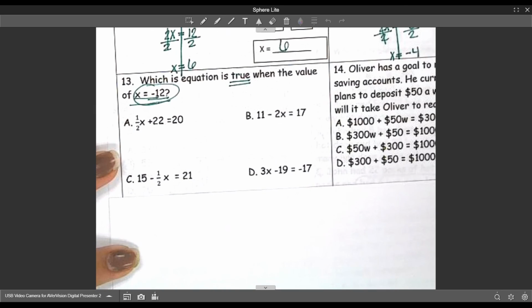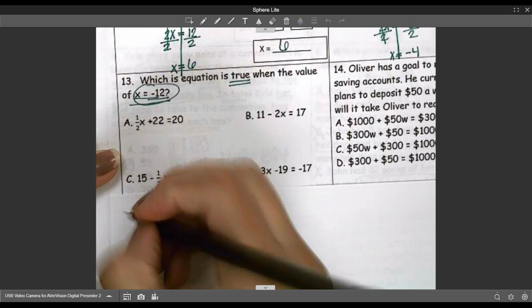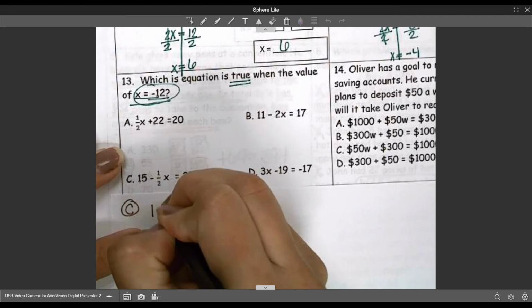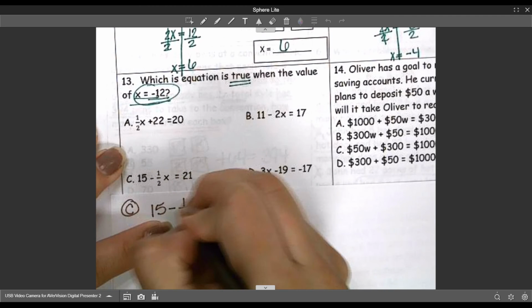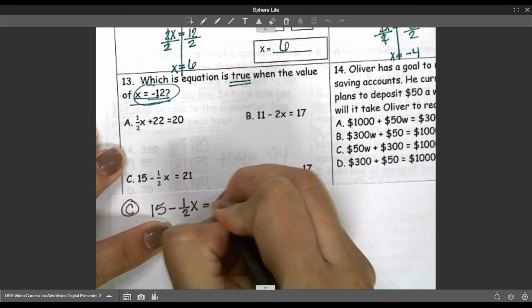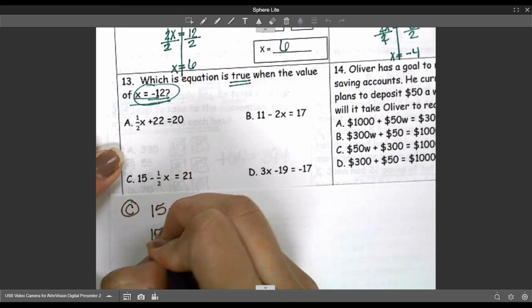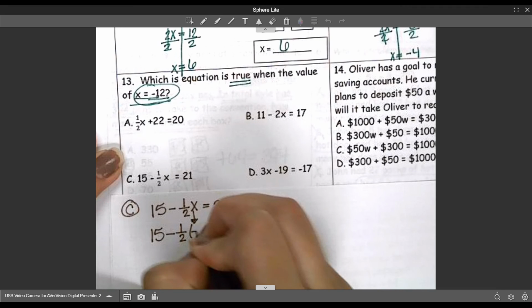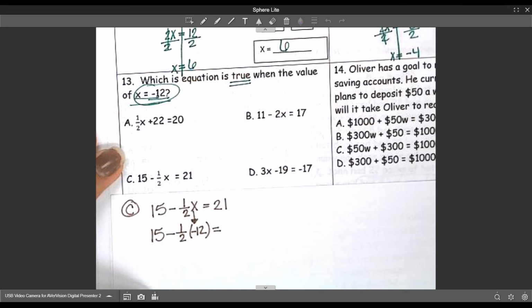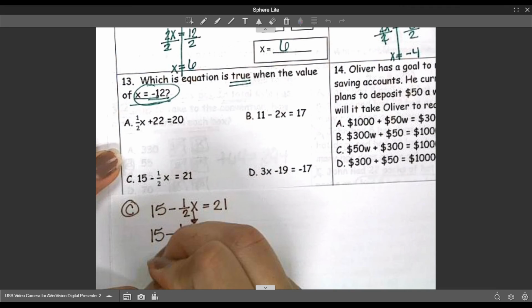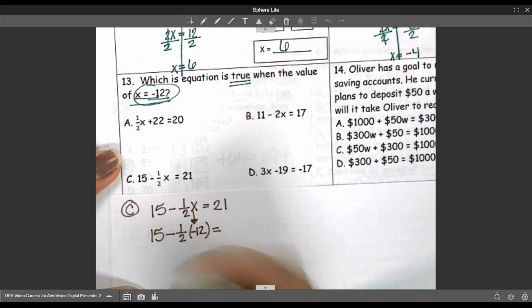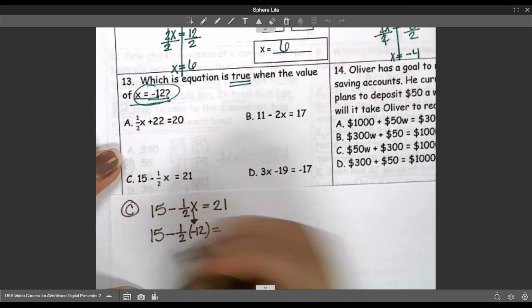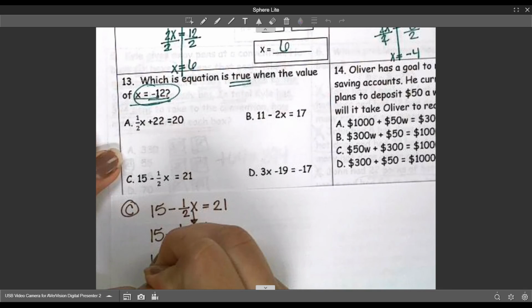Let's do C. 15 minus half of x equals 21. 15 minus half x is negative 12. Don't forget that. And I'm going to work it out. I'm going to say 15.